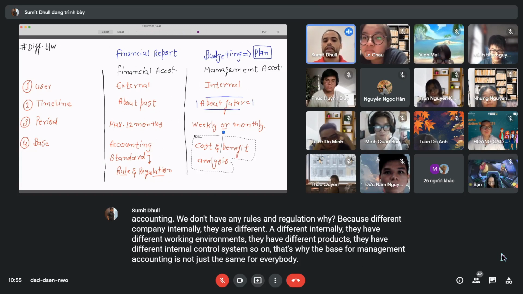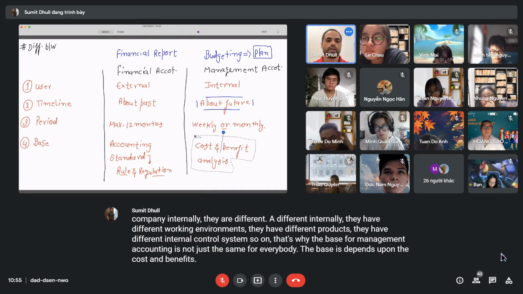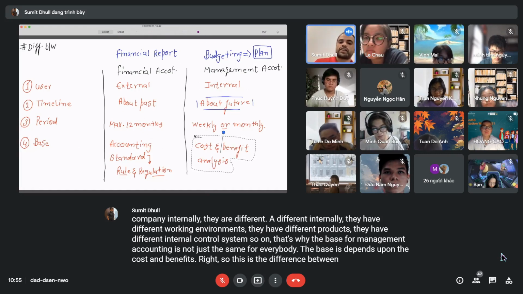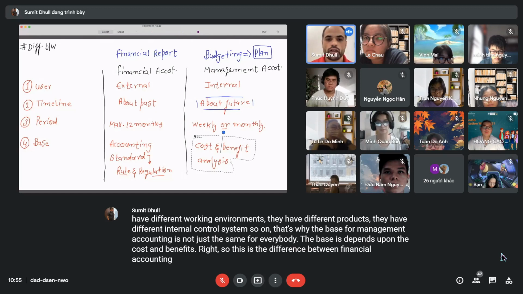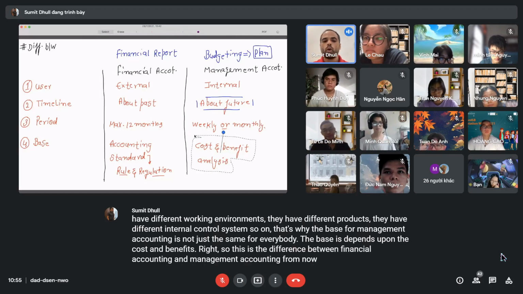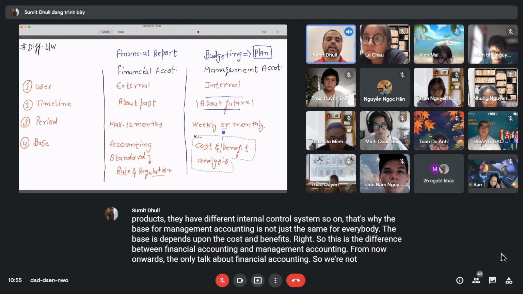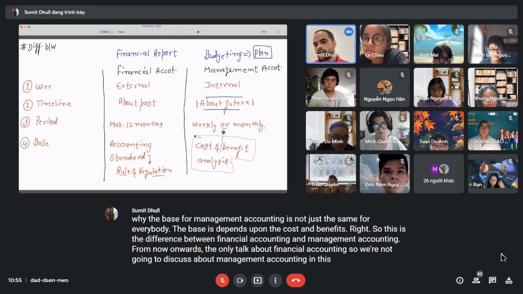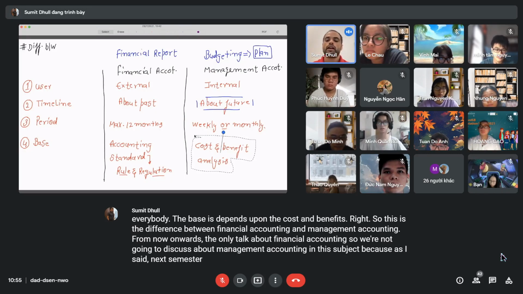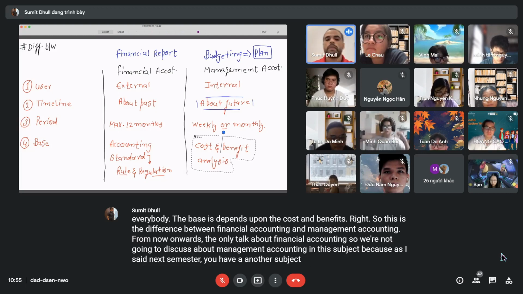The base depends upon the cost and benefits, right? So this is the difference between financial accounting and management accounting. From now onwards, we only talk about financial accounting. So we're not going to discuss management accounting in this subject because, as I said, next semester you have another subject which is called management accounting.